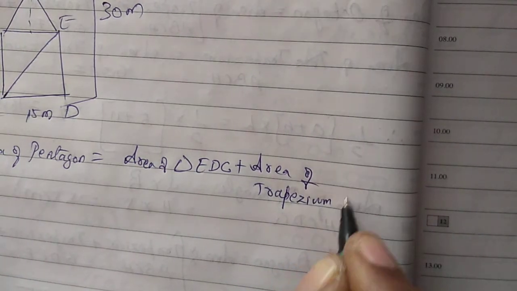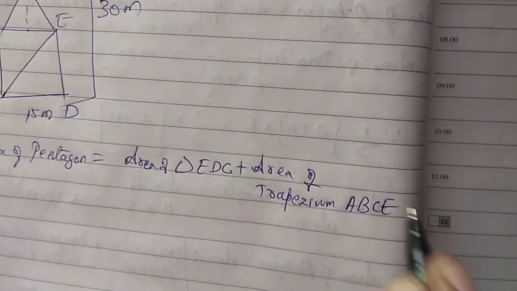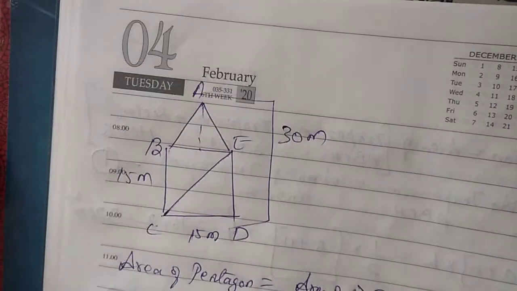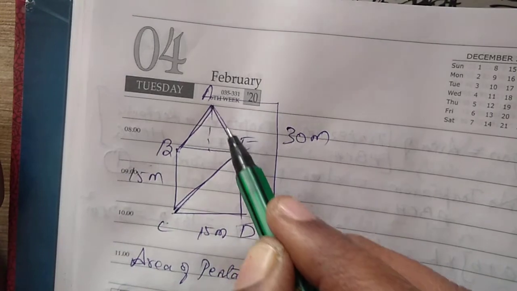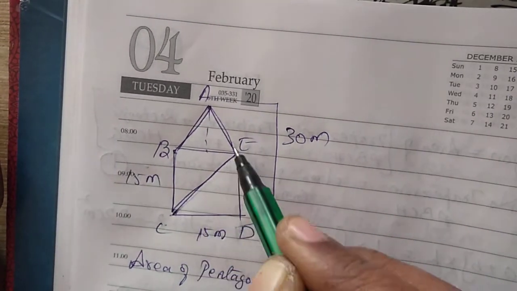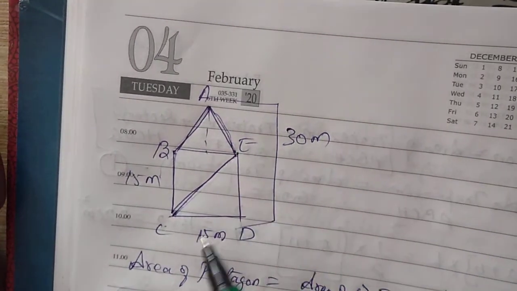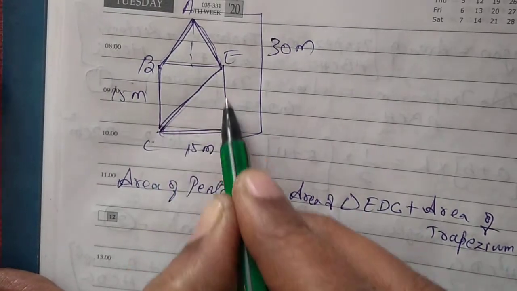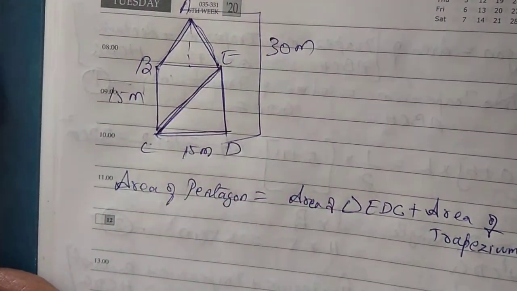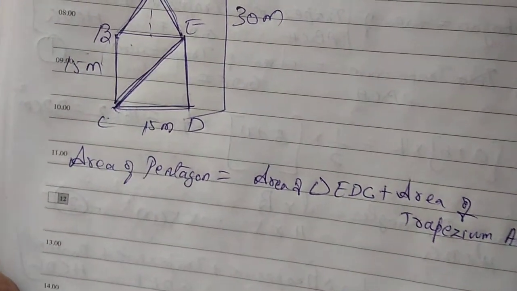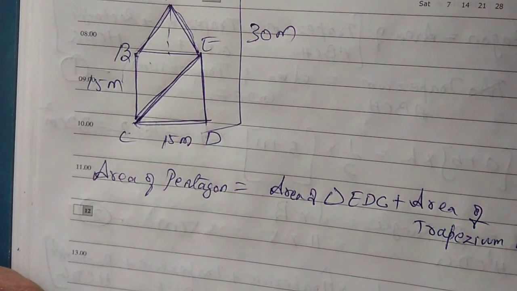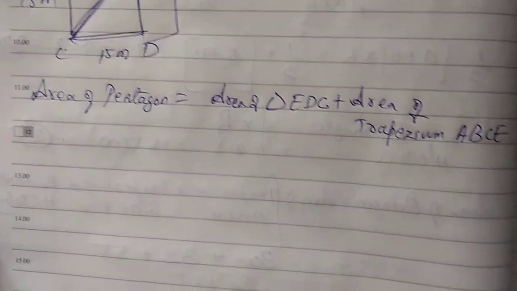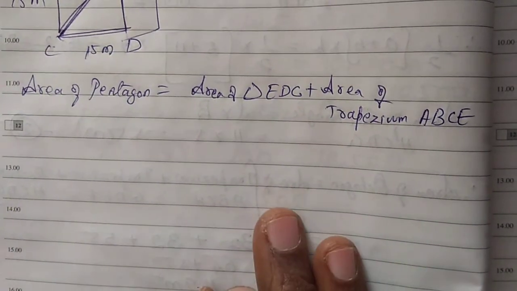Because you can see in this diagram, these two are parallel sides. These are non-parallel sides. So this will become one trapezium and this will become one triangle. So we can do it like that also. So area of pentagon is equal to area of triangle EDC plus area of trapezium ABCE. Also we can find it out. Now next.